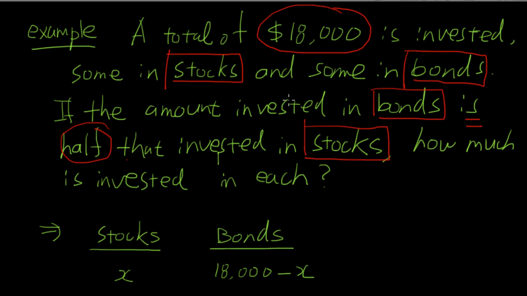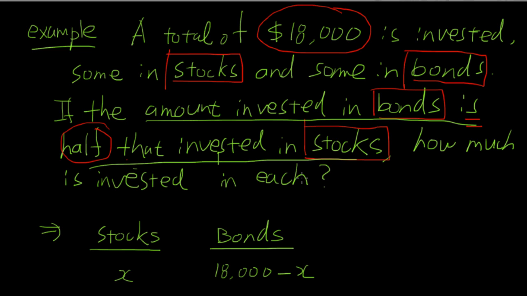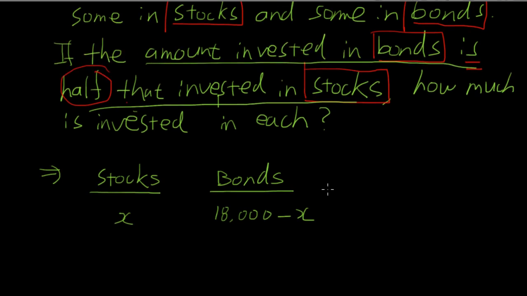We have this other clue here. If the amount invested in bond is half of stock, so the amount invested in bond, which is this, is what? This is half of stock.